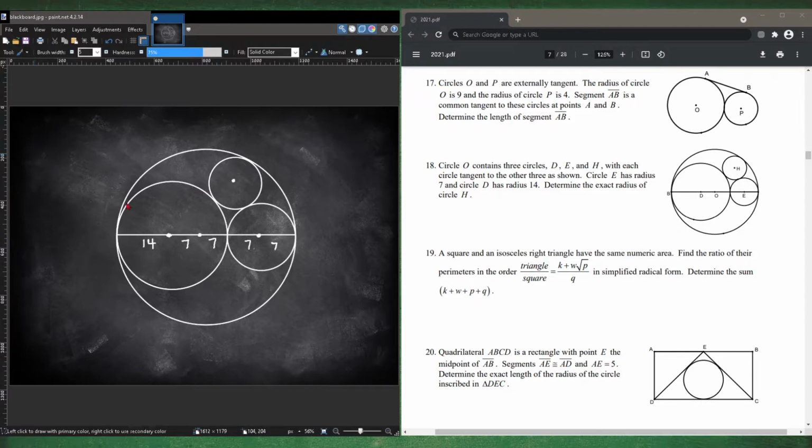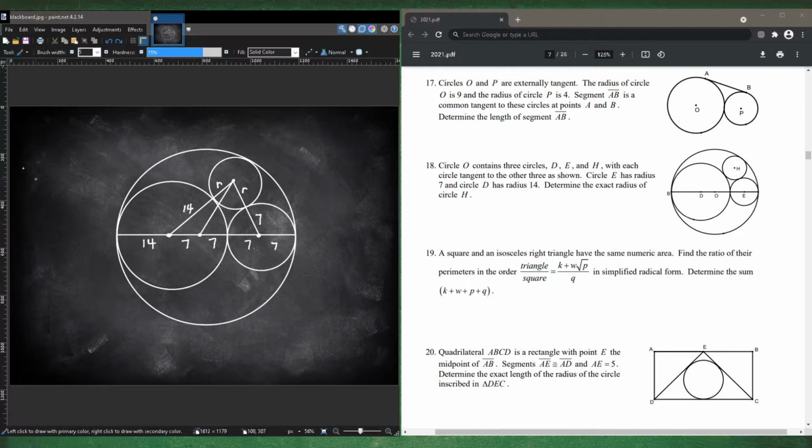Okay, so to solve this question, we just need to connect each of these centers on this line to the center of what we want. Now I notice that this radius is 14, because that's just our circle. This radius is 7. And this radius is r. Now we need to find this length.